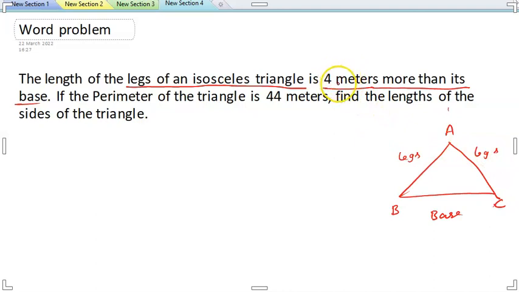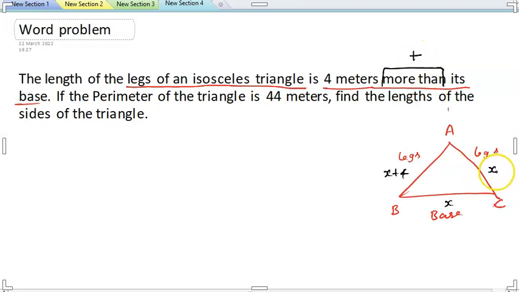And it is said that the length of the leg is 4 meter more than the base. I don't know what is the value of base. So let me consider it as x. So the next statement, 4 meter more than the base. So x plus 4. More than, you have to use the operation plus. When you see the term more than, you have to use the operation plus, addition.